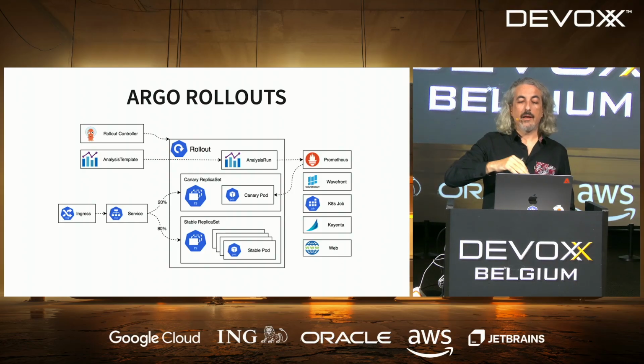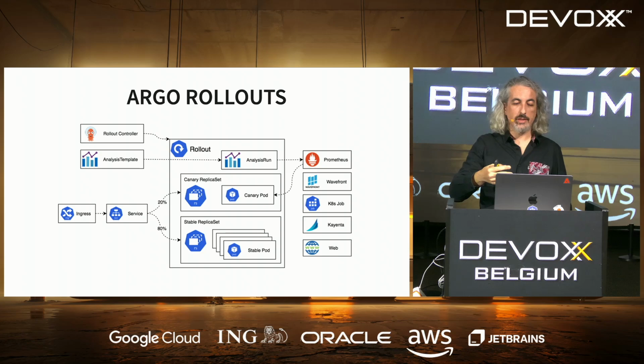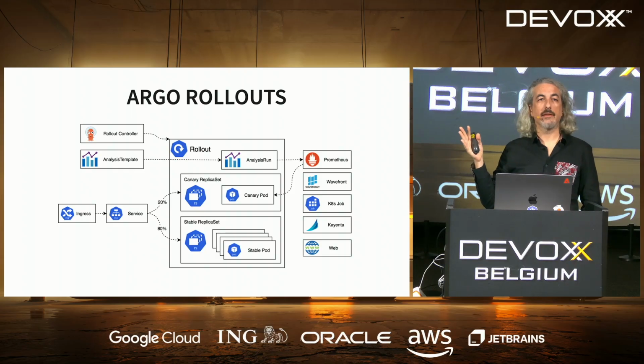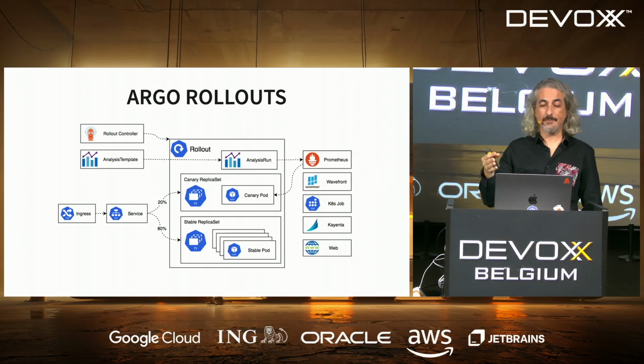So when you change the rollout object, or you can have the rollout linked to the deployment, when you change the rollout or the deployment object, and I'll show you this in the demo, what Argo does, it creates different replica sets. Replica sets are the underlying object behind deployments on Kubernetes.